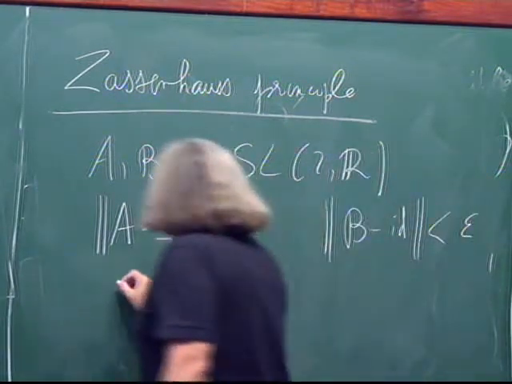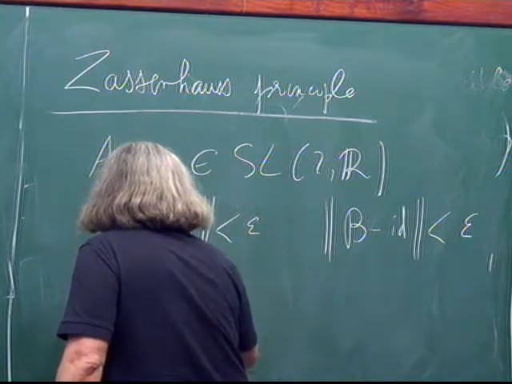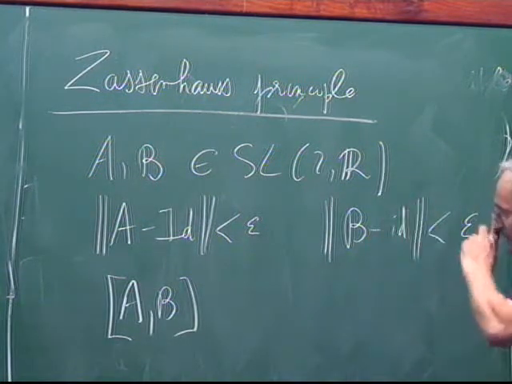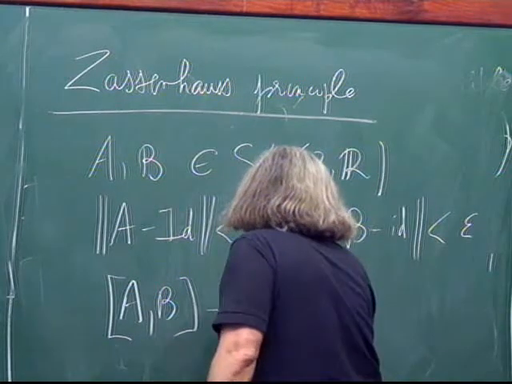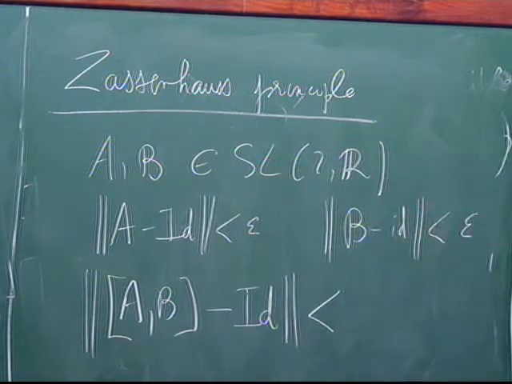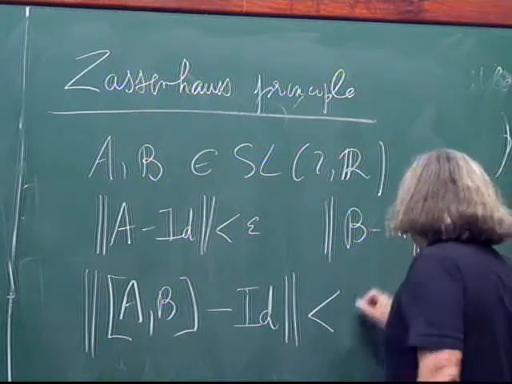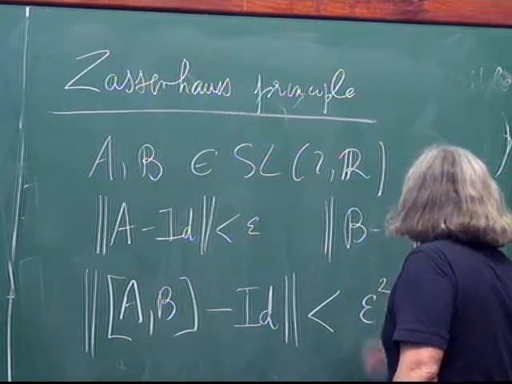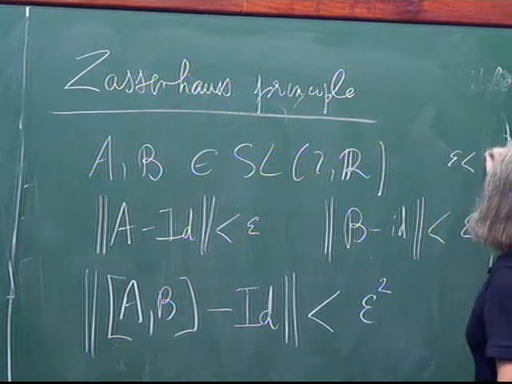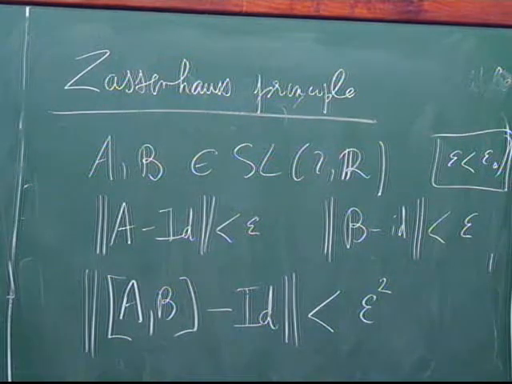Then look at the commutator of A and B. And the principle is that if you look at the distance from the commutator to the identity, it is even smaller than the two of them. So it's less than epsilon squared. Let's say epsilon small enough. That's very easy to see.